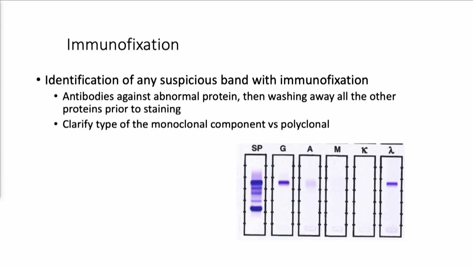And on each lane, we would use an antibody against a specific type of protein. So IgG, IgA, IgM, kappa, and lambda. And we add a dye there. And then we run the patient's plasma on it. So you can see in this case, it's shown up quite nicely as an IgG lambda paraprotein. So that's how we know what the type of the paraprotein is.